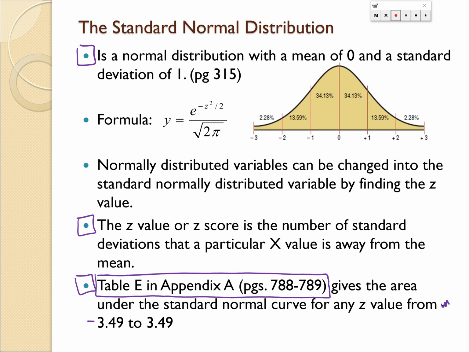You don't have to write down the rest because when you open to Table E, you're going to know it's labeled with what you're dealing with. So Table E is going to give us all the areas we need. All the calculations have been done for us for any z-value from negative 3.49 up to positive 3.49. It's all there. It's all done for us.